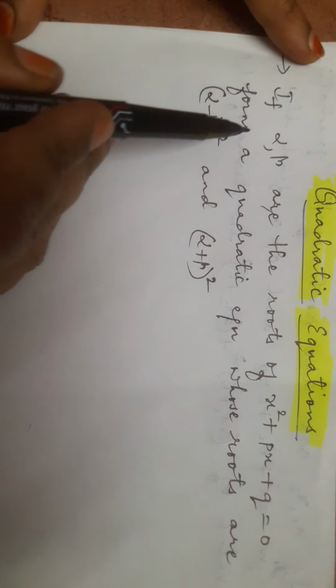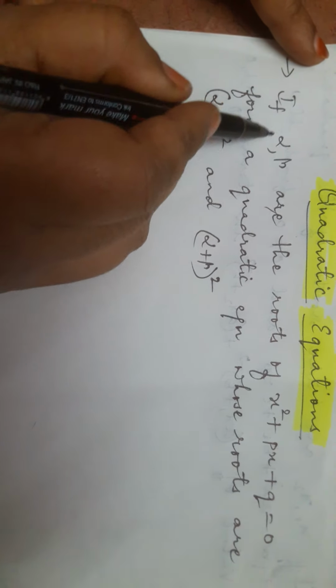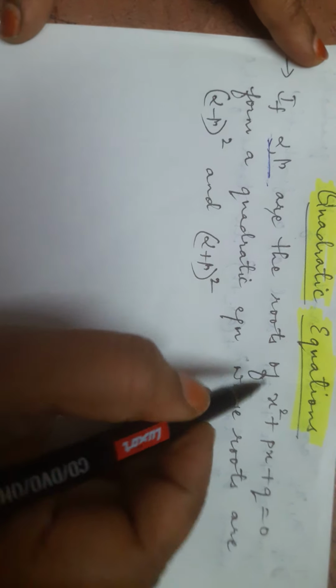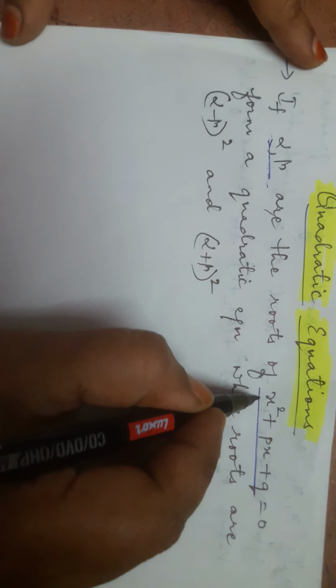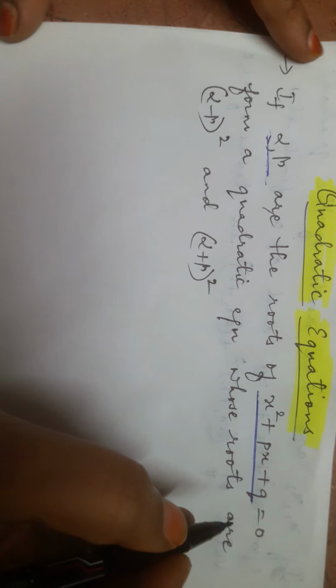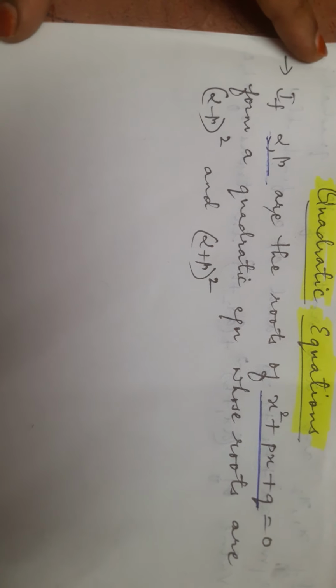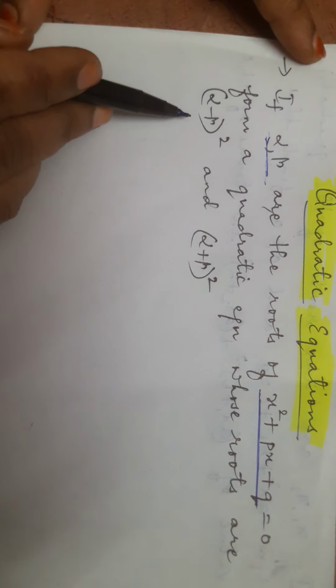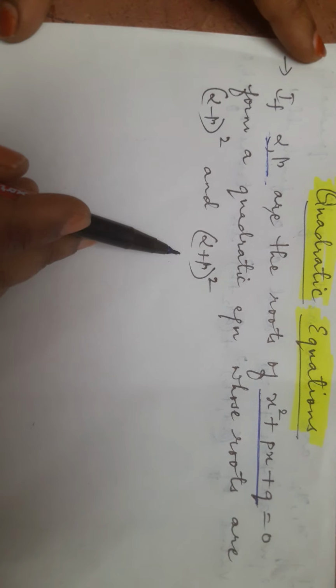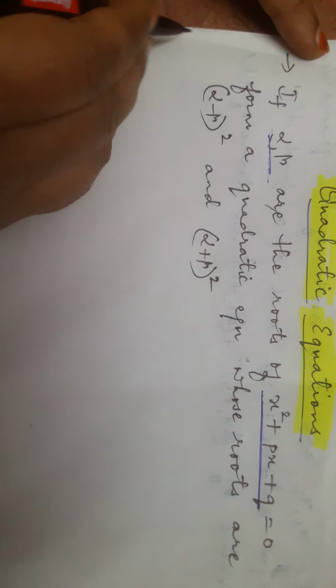So he gave us alpha and beta as the roots of x square plus px plus q, and he is asking us to form a new equation whose roots are alpha minus beta whole square and alpha plus beta whole square.